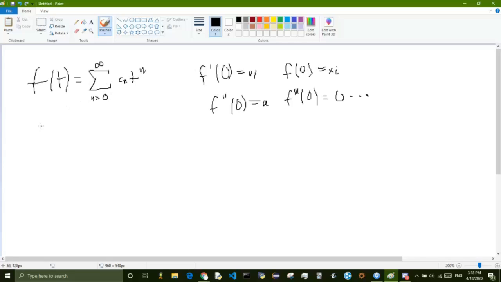So you get f of 0, xi, initial position, which is equal to the sum going from n equals 0 to infinity of Cn t to the n, right? Or rather, since we're plugging in 0, we can immediately say t to the 0.